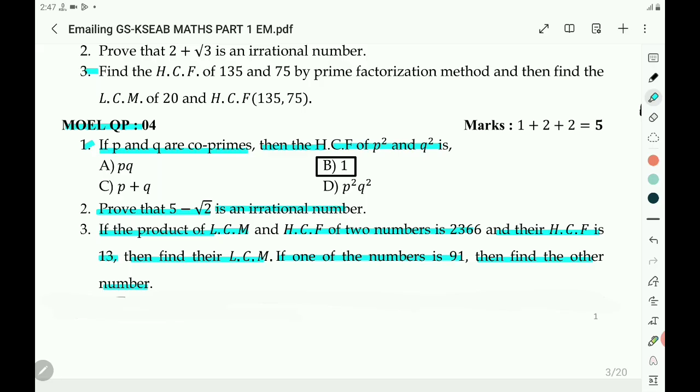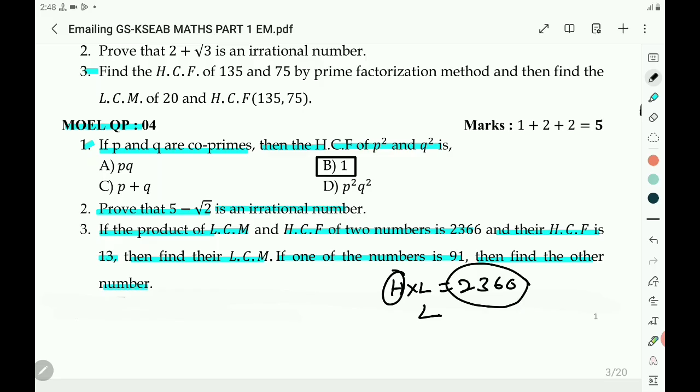Here the product of HCF and LCM is given, H into L is 2366, and H is given. L can be found out by dividing 2366 by the HCF.